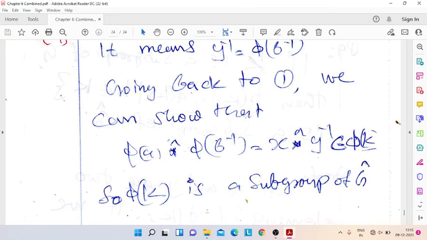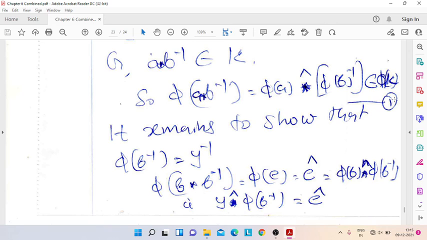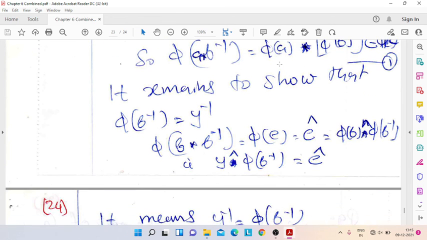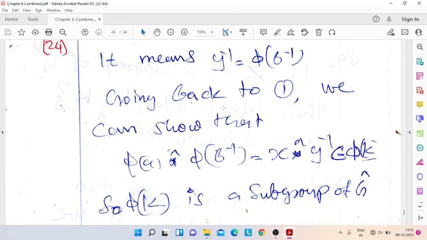Substituting in expression 1, which says that phi of a star b inverse is equal to phi a star phi b inverse, we can substitute phi a equal to x, and phi b inverse equal to y inverse.